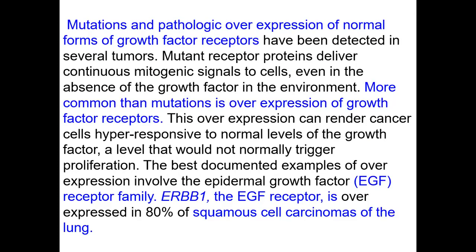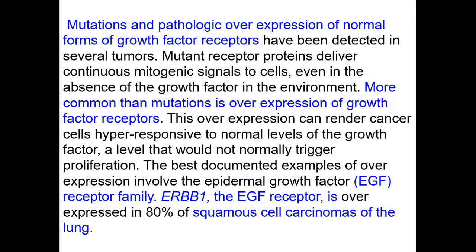The mutation and pathological overexpression of normal form of growth factor receptor have been detected in several tumors. The mutant receptor protein delivers continuous mitogenic signal to the cell, even in the absence of growth factor in the environment. More common than mutations is overexpression of growth factor receptor.